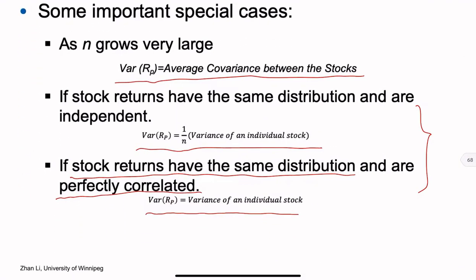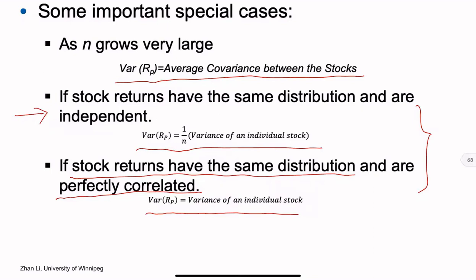We're looking at the second result here. The second result says if stock returns have the same distribution and they're independent, then the variance of the portfolio equals the variance of a single stock divided by number of stocks.